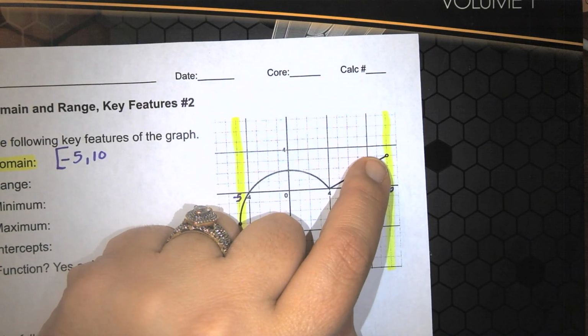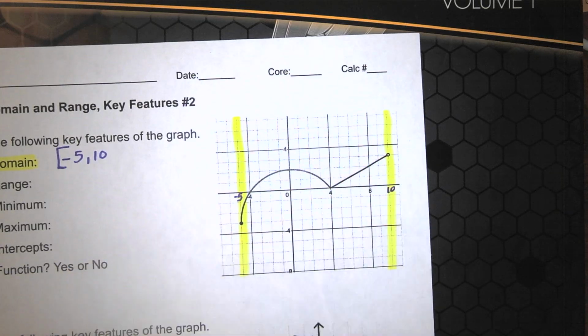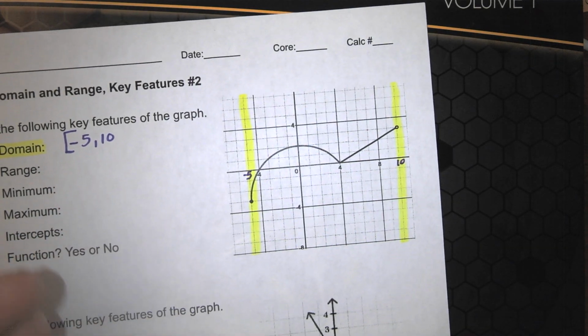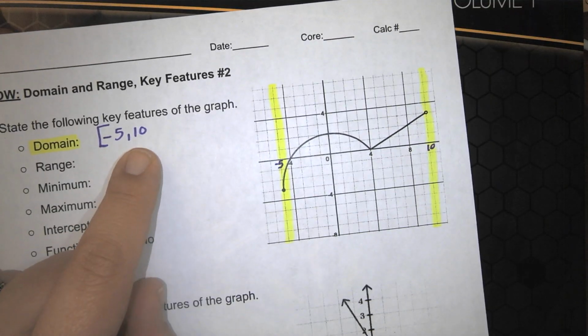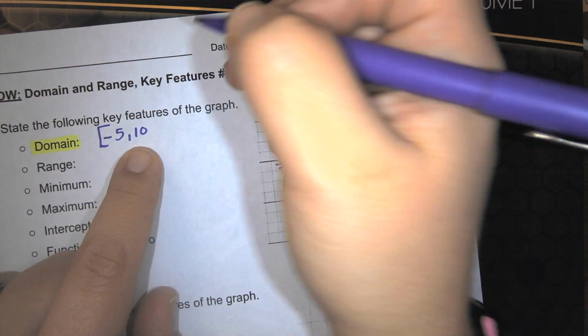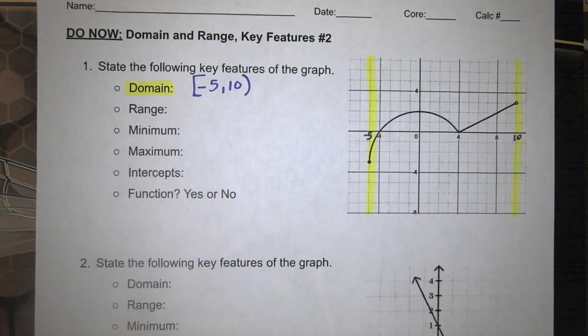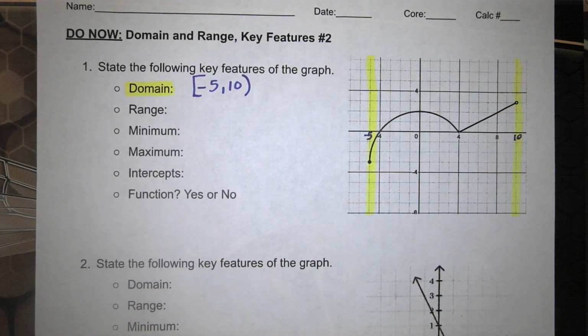Basically, the last point for x would be 9.99999 repeating forever. And so I can't really write that number because it's repeating forever. So I'm going to say it goes up to 10, but just before 10. So I get this regular parenthesis. And so that says start at negative 5, use every single number all the way up to 10, but don't use 10. And that uses all the fractions, all the decimals, everything between negative 5 and 10.